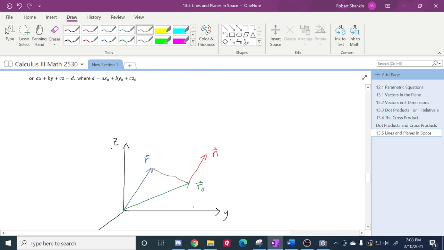Now this plane is really a very big plane, and this little vector is a line in that plane. It's also a vector in that plane, part of a line in that plane.